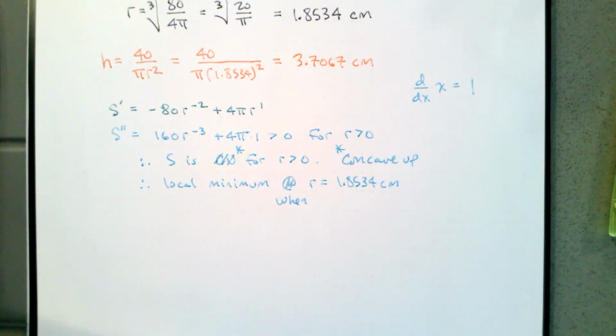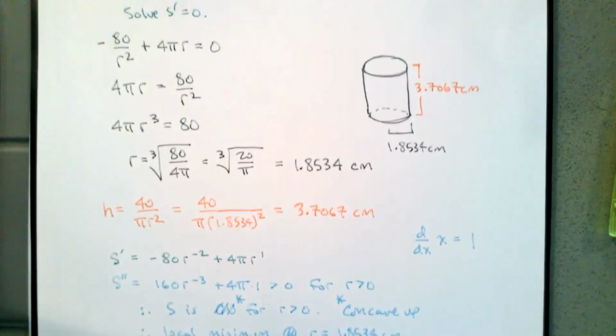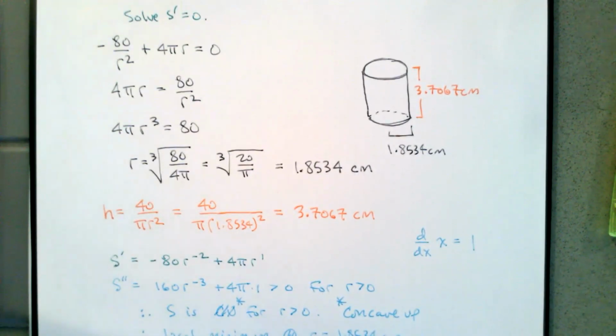Professor? Yeah. Did I hear earlier that you said you could use S prime to calculate the radius? That's what we did. We found S prime and set it equal to 0 to solve. Yeah, I don't understand why it's the radius though. That's the variable that's in S prime.